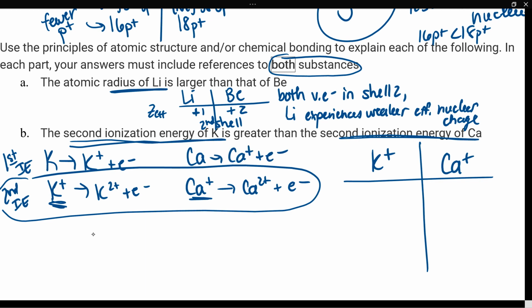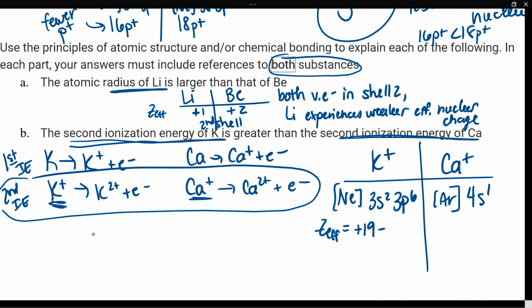So the K+ ion has this electron configuration. It's neon 3s2, 3p6. Looks just like argon. And then calcium's is argon 4s1.